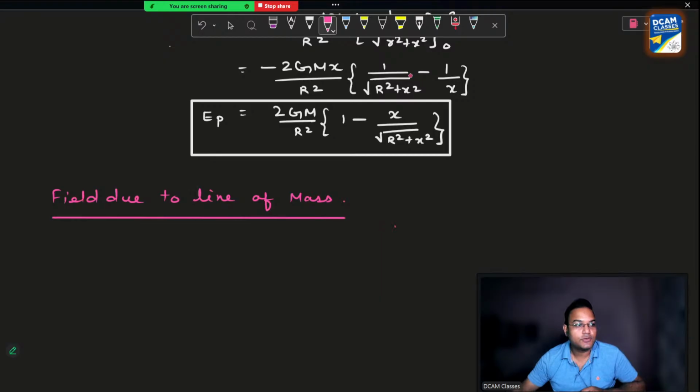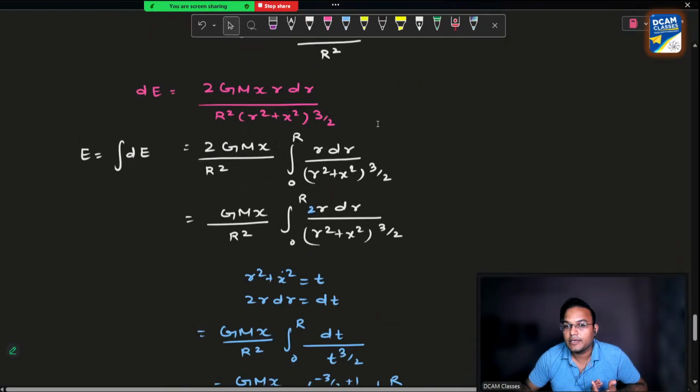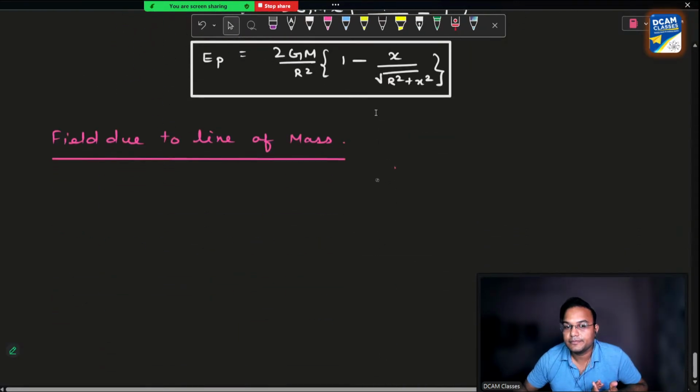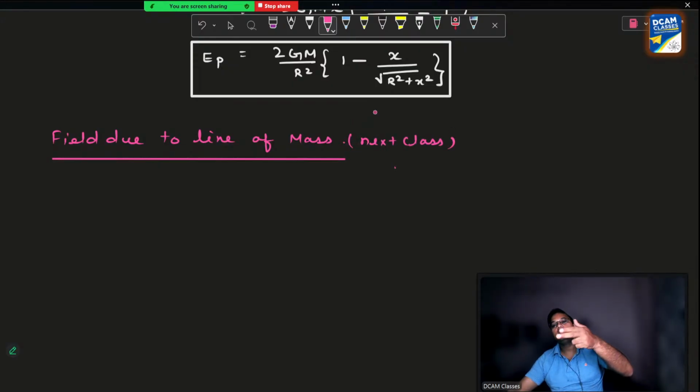After the class is over, just see this once again, all the integration that I have done. Then I will do it in the next class, because by then the processing of this part will be done, and you will be able to understand better.